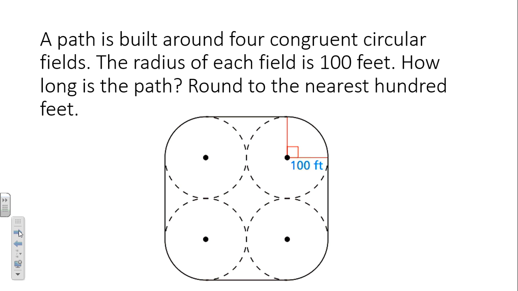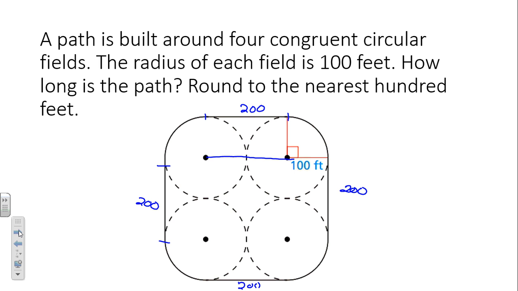So if they were wanting to know what's the path around this particular system, then we know that this radius is 100, so the diameter is 200. So this piece is 200. This piece is also 200. 200 down here, and 200 over here.